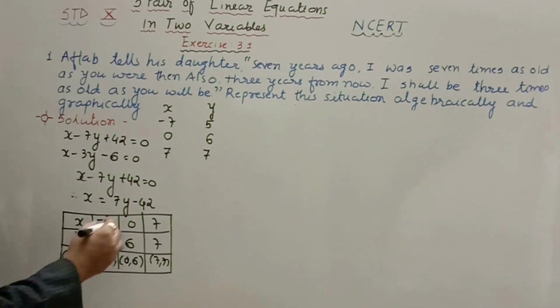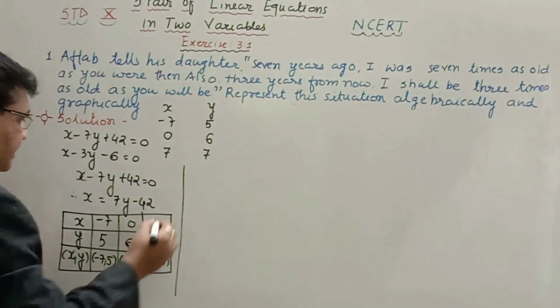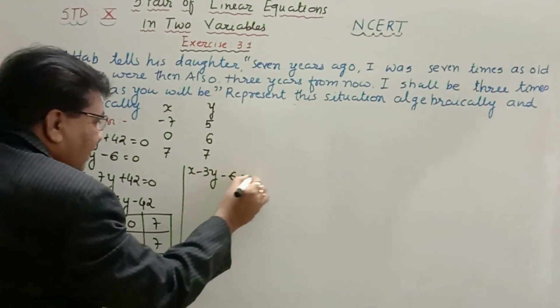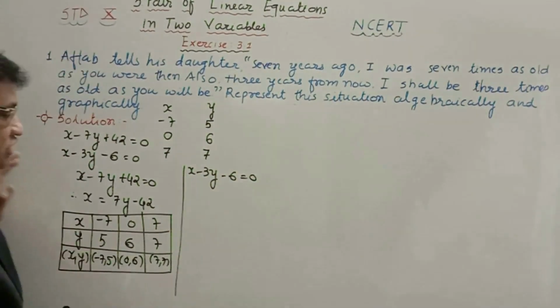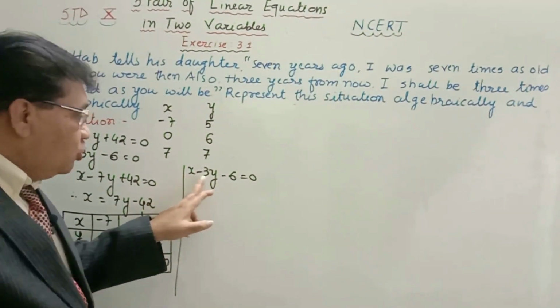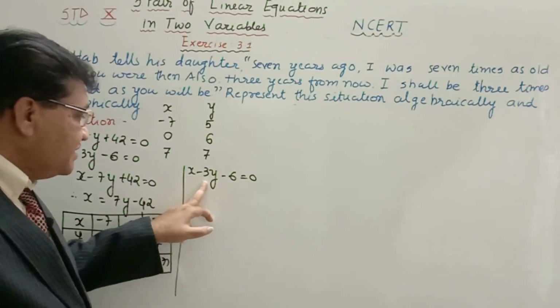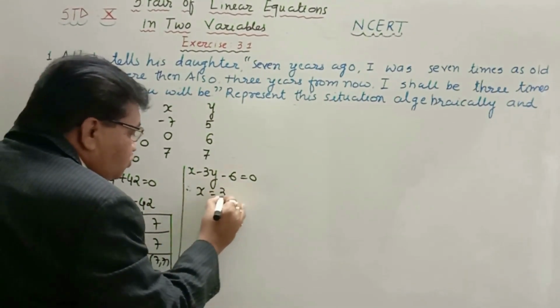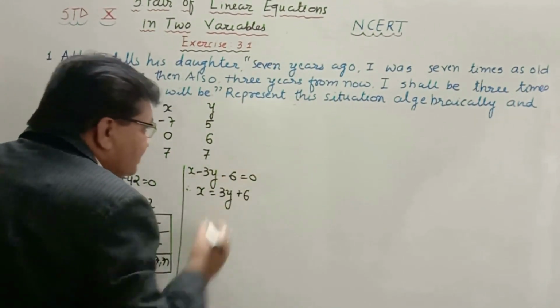What is our second equation? It is x minus 3y minus 6 equals 0. Again the coefficient of x is 1 and the coefficient of y is minus 3. So what do we do? We write x equals 3y plus 6.